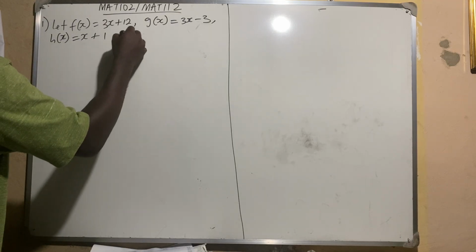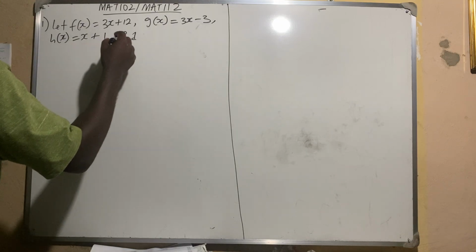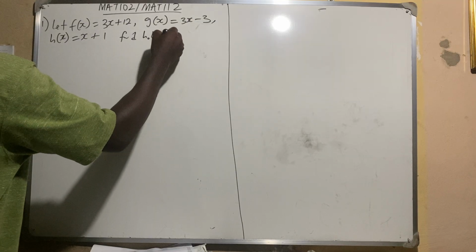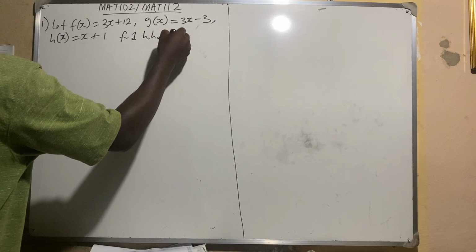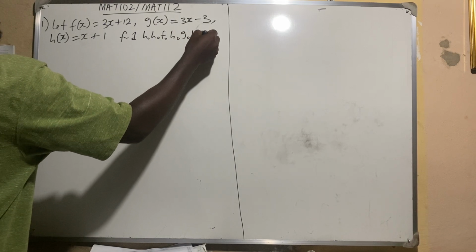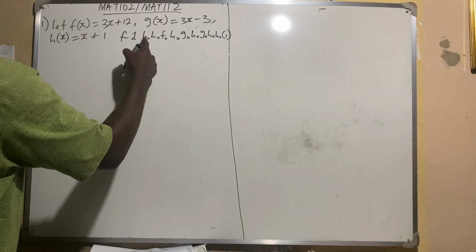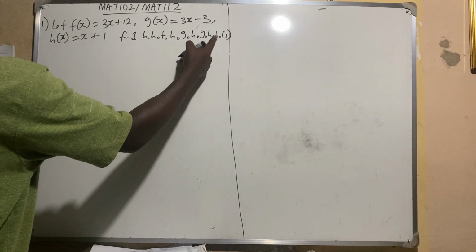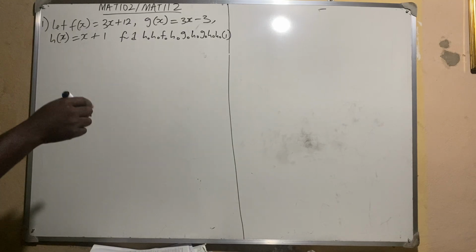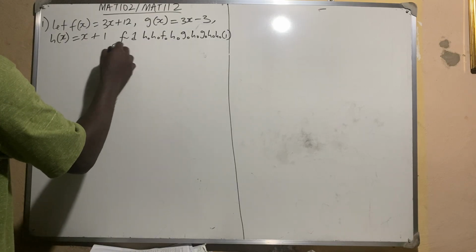Then find f of h of g of h of g of h of 1. You have to count it, 1 2 3 4 5 6 7 8 9, and cross check if yours is up to 9 as well. If it is 10 there, no matter the number, just count it and cross check if they are the same. So solution, you start now.